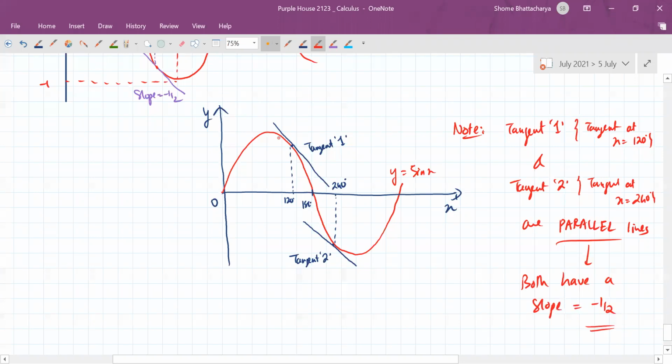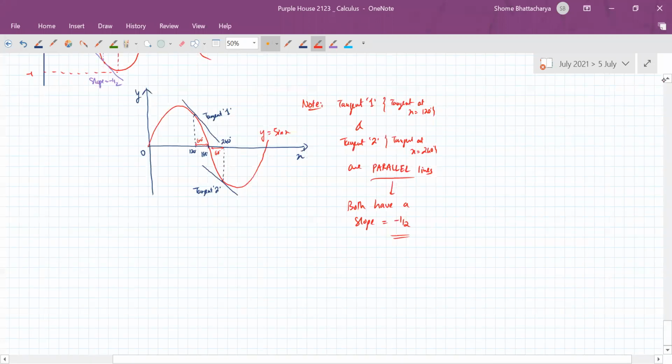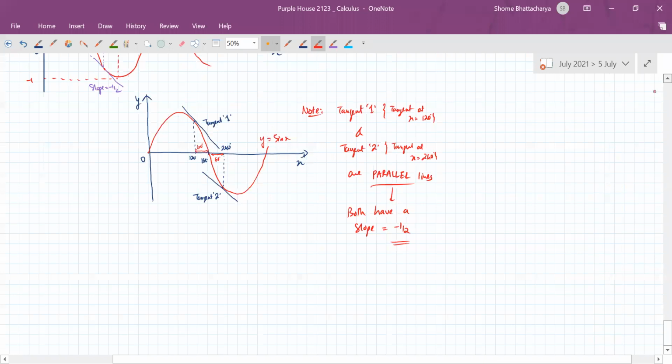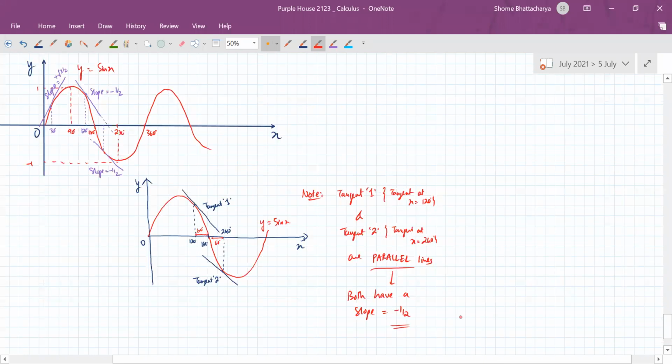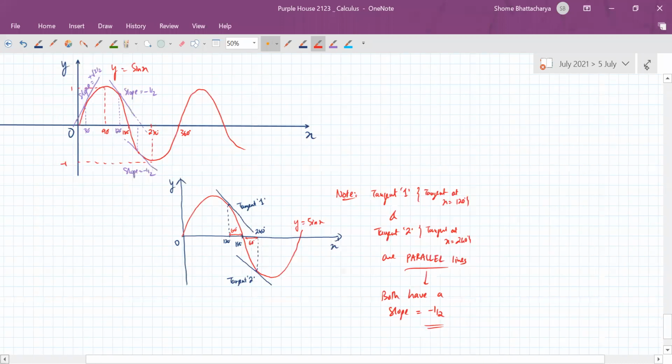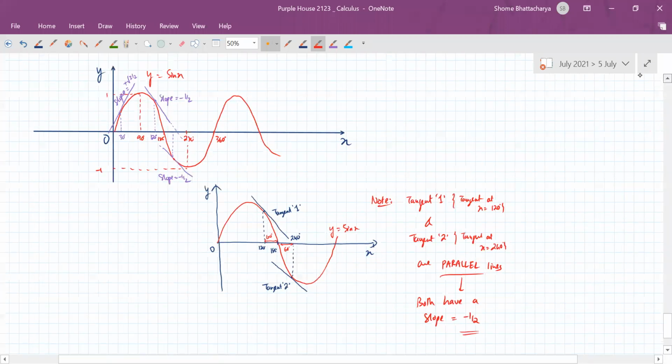They're parallel to each other. And that is part of the symmetry of the graph, because this interval is also 60 and this interval is also 60. So 180 is like a symmetry point where the graph inverts. On either side of it, if I go the same distance and draw a tangent, they are parallel lines. So this is the geometrical interpretation of the above results.